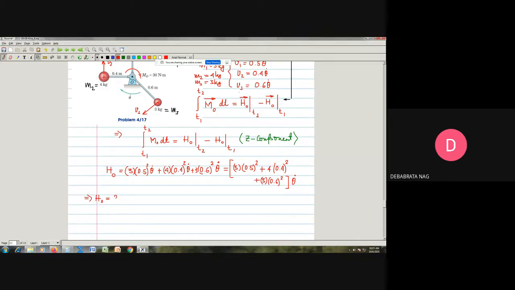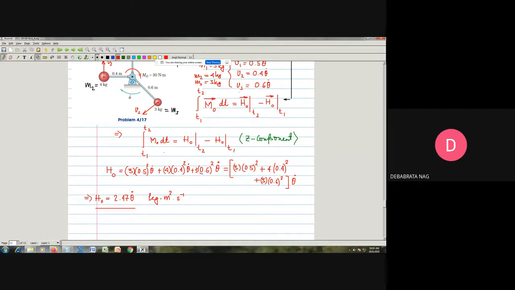So this is 2.47 into theta dot. This is going to be my angular momentum. We should give the unit here. We know that the unit of angular momentum is kg meter square into second to the power minus 1.